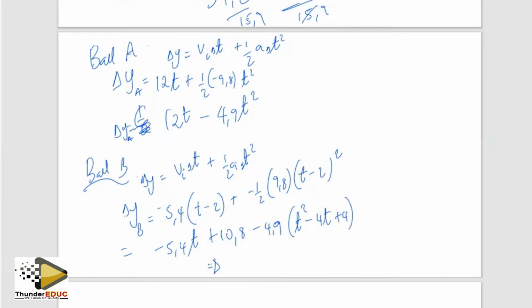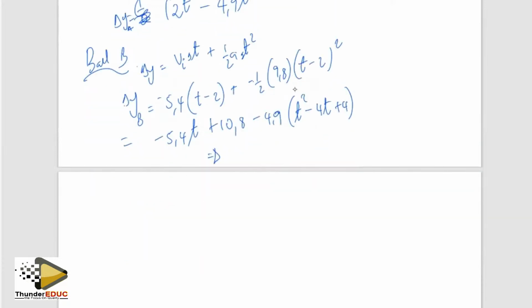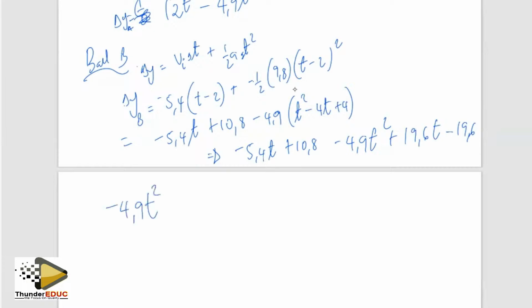Okay, let me just simplify this before I can equate the 2. So negative 5.4t plus 10.8 minus 4.9 t squared plus 19.6t minus 19.6. Simplifying this further, it's going to be negative 4.9 t squared, this and that.